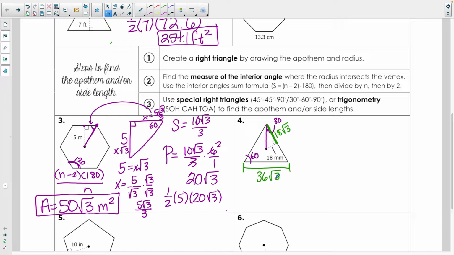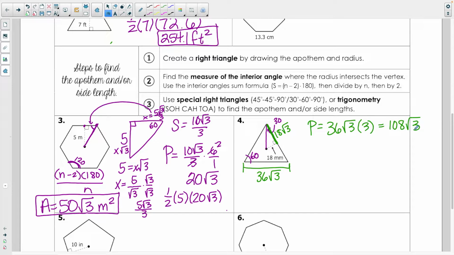And it has 3 sides. So the perimeter is 36 square root of 3 times 3. All right, what's 36 times 3? 108. So that's going to be 108 square root of 3.